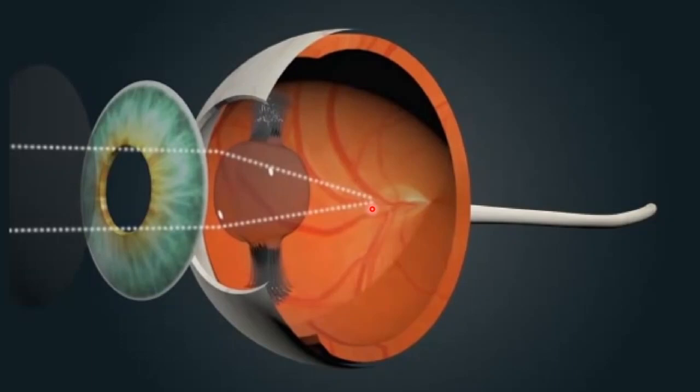Then a photoelectrochemical reaction takes place, an electrical signal is generated, and that signal is passed through the optic nerve to the brain. The brain interprets the image, and that's how we see. Clear? So this is how our eye works.